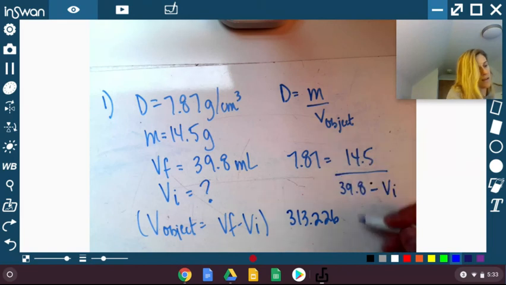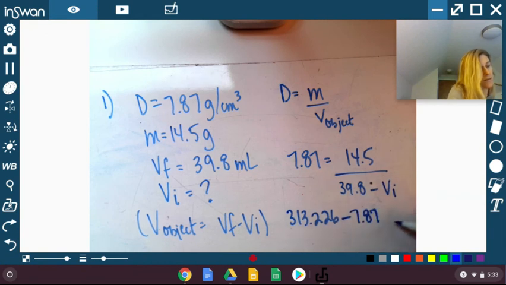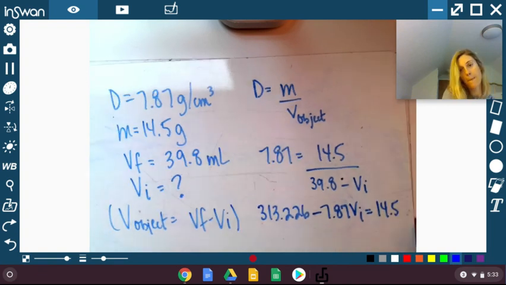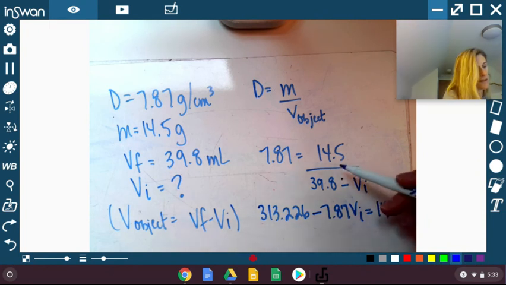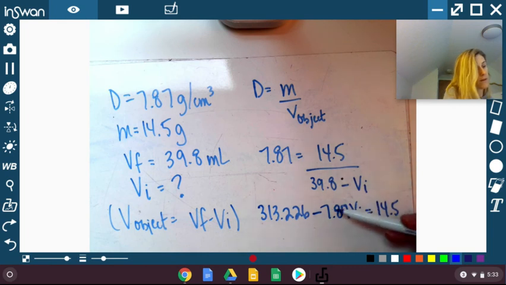And then subtract 7.87 times V sub I, or X, whatever you want to use variable wise, equals 14.5. Okay, so I just expressed that, cross multiply, set it equal. And then we combine like terms. So this is a regular number, that's a regular number. What I'm going to do is subtract this 313.226 from both sides.